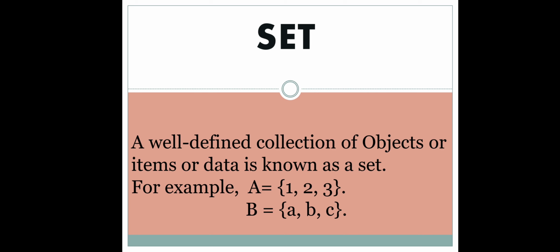Normally a set is written between two curly braces. For example, in this given example, set A has three elements, that is 1, 2, 3. In another example, set B also has three elements, that is a, b and c. So here the elements are collected and displayed within curly braces, isn't it?